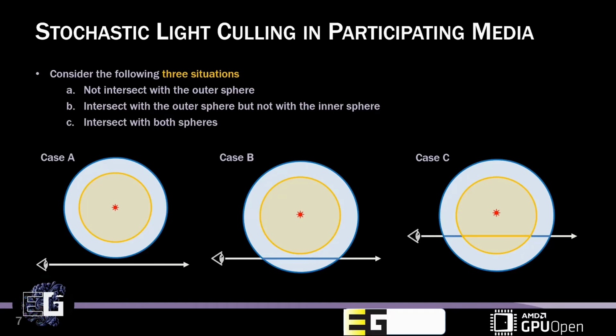Here in this paper, we consider these three situations. Case A, the ray doesn't intersect with the outer sphere. Case B, the ray intersects with the outer sphere, but not with the inner sphere. Case C, the ray intersects with both spheres. Then, let's consider these three cases.